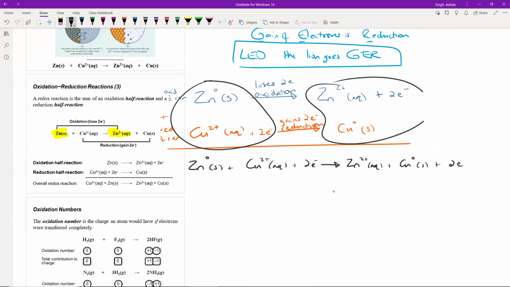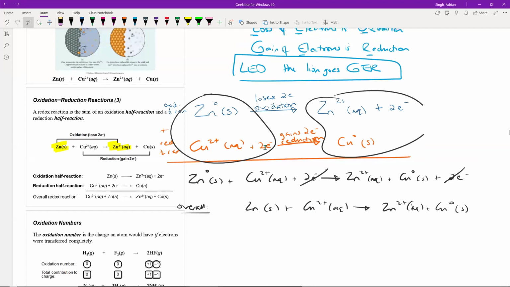I can cancel out my spectator species, which are the electrons in this case. So I end up with my overall redox reaction, which is the zinc solid plus the Cu 2+ aq going to Zn 2+ aq plus Cu solid. Okay. So for this overall reaction, we can write out the half reactions, and just summing them together would give us the overall redox reaction for this particular process.